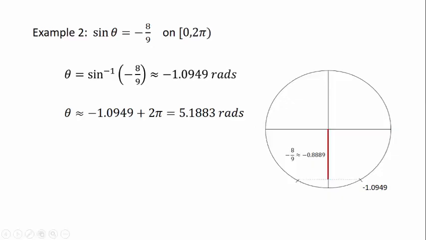Okay, so notice that this arc length right over here is equivalent to this arc length. Now, the measurement of that arc length would be 1.0949 if you think about going in the positive direction. So if we start with pi and we add, what we'll end up with is 4.2365 radians, which is in the third quadrant, definitely between 0 and 2 pi.